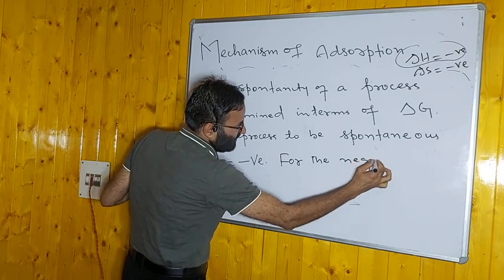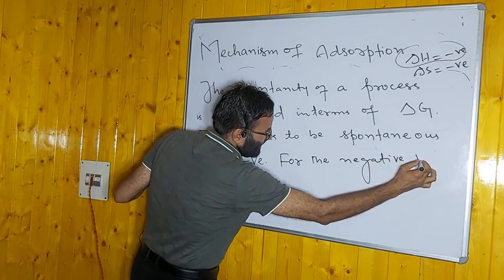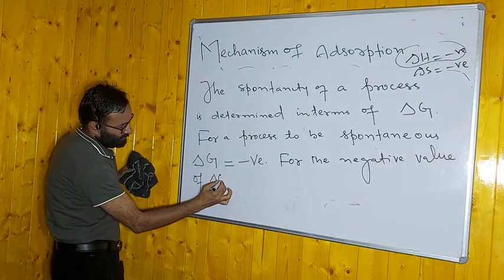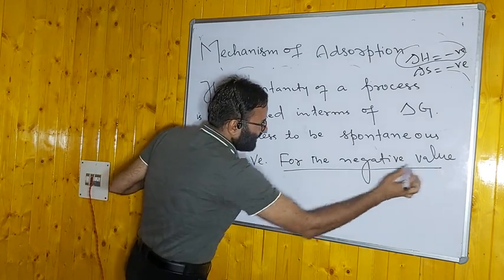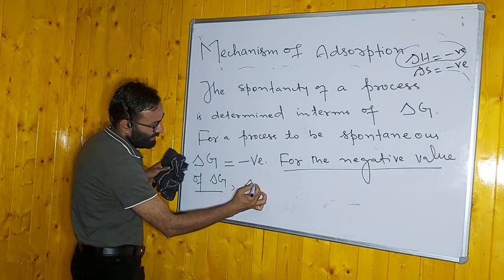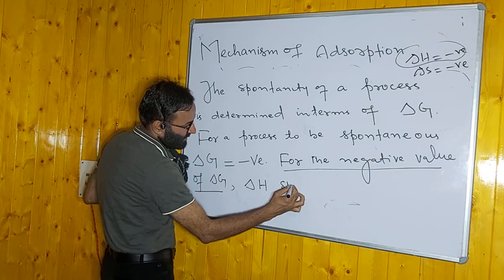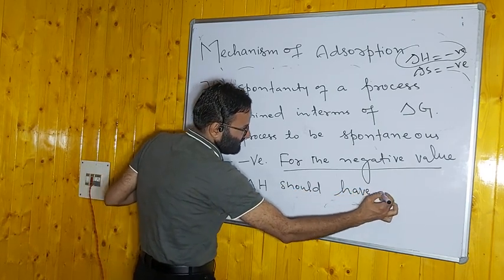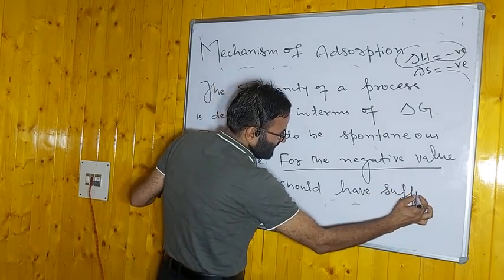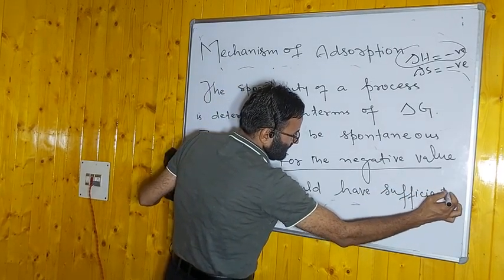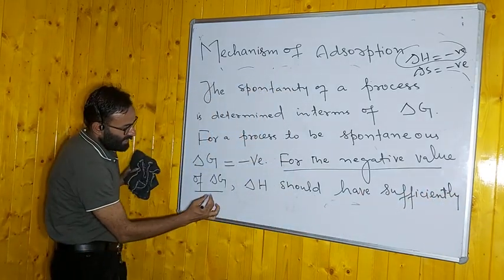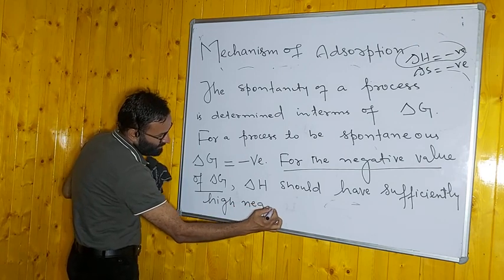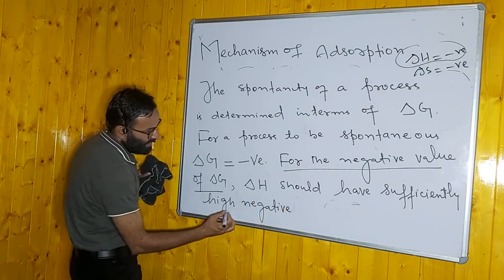This is the line you have to mention for the negative value of delta G: delta H should have a sufficiently high negative value.